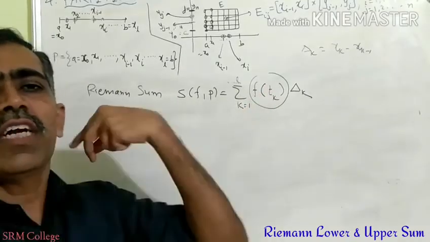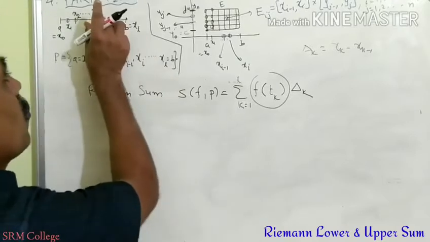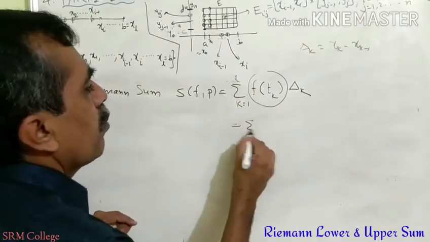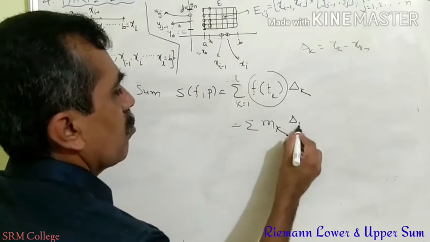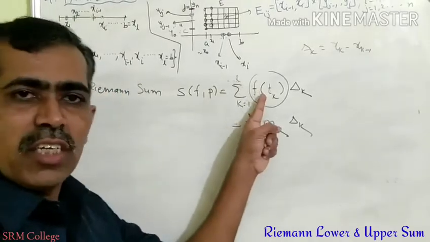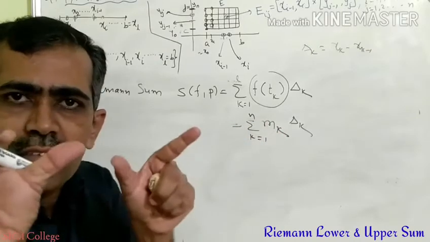Instead of that, if you consider the infimum value of the function on this part, how do we denote the infimum value? We denote it by small mk, into delta k. So instead of considering any value of the function, we consider the infimum value of the function over the kth subinterval.